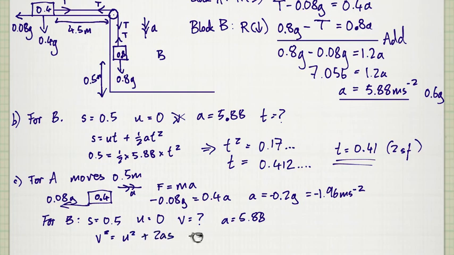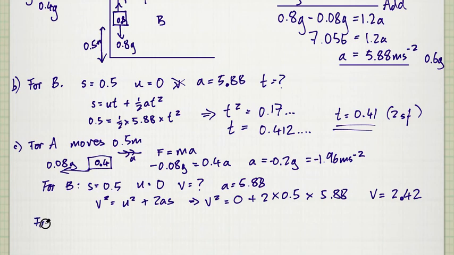So therefore, V squared equals 0 plus 2 times 0.5 times 5.88. Therefore, V squared is 5.88. V equals 2.42, or root 5.88.